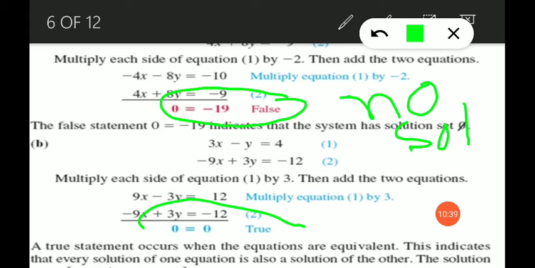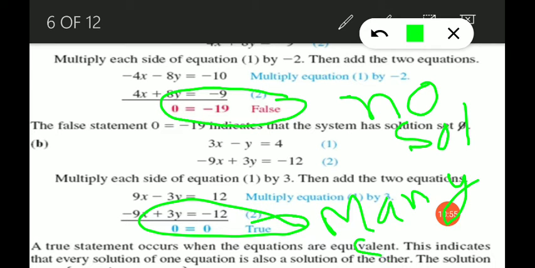And the second, if we get a true statement, we will write the statement is true, which means we have infinitely many solutions. It means that the lines are coincident, or they are the same line.